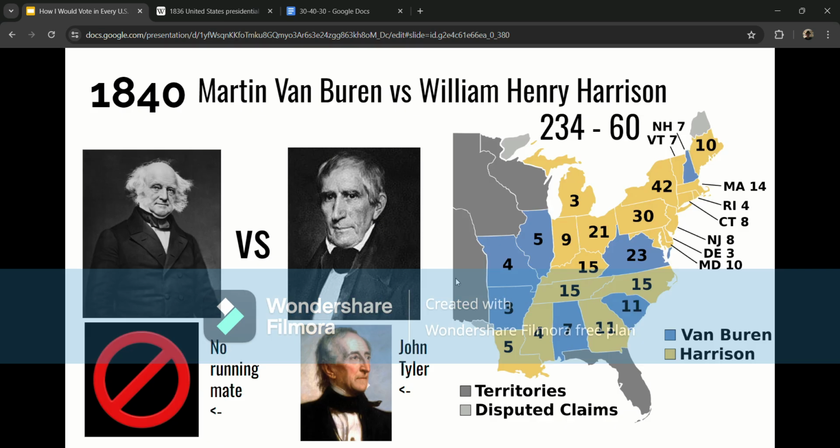So we come to 1840. Martin Van Buren gets reelected by the Democratic Party, and Richard Mentor Johnson actually does not. This is the only time in American history where there was no running mate for a major political party ticket. By this time, Martin Van Buren is seen as a ginormous failure in office, mostly because of his handling of the Panic of 1837, which, to be fair to him, was not his fault why it happened.